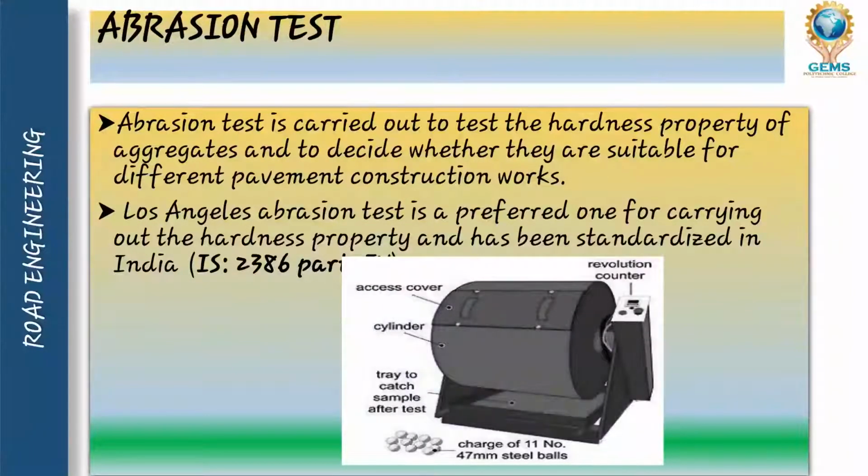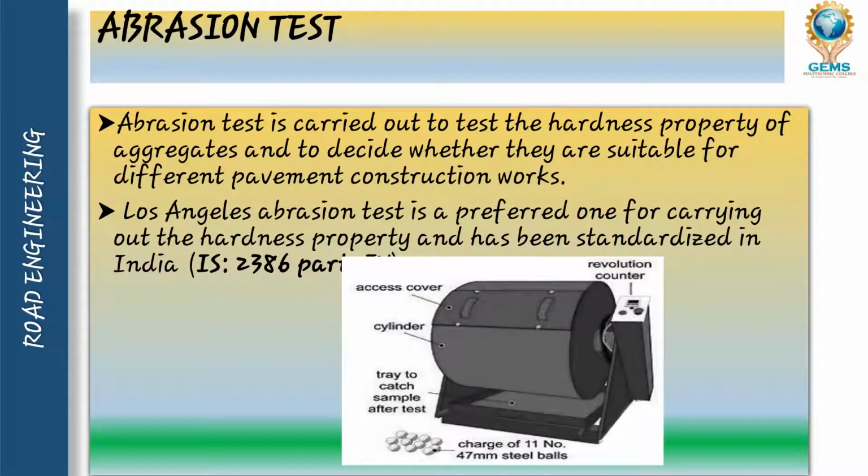First is abrasion test. As you can see in this image, as per IS 2386 part number 2, this image tells about the abrasion test, and this machine named Los Angeles is used for abrasion test, that is for hardness properties of aggregate.